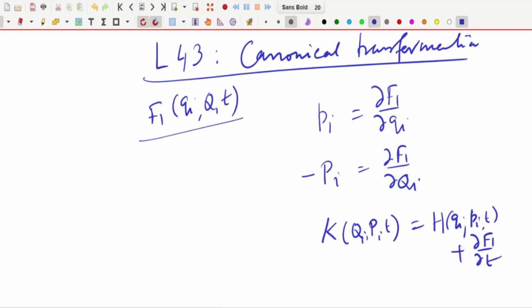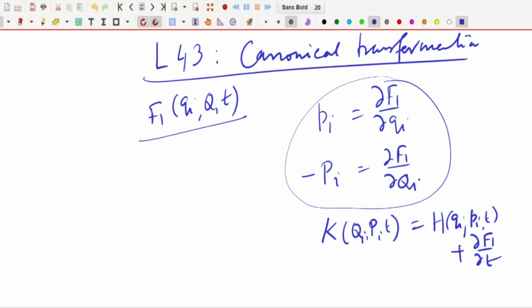This can generate a canonical transformation if it satisfies this condition. Rather, I will say that this function can generate a transformation through this equation which does not affect the dynamics, because we have started with the Lagrangian L and L prime plus dF/dt. So this is the guiding equation which does not affect the dynamics.